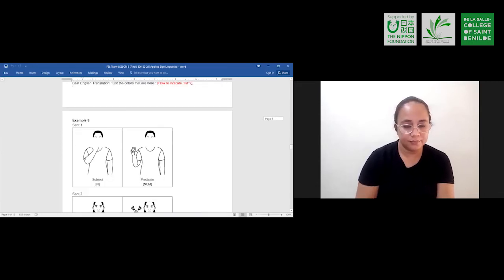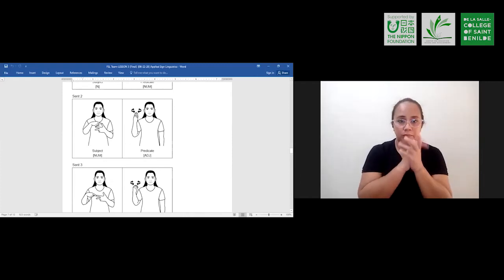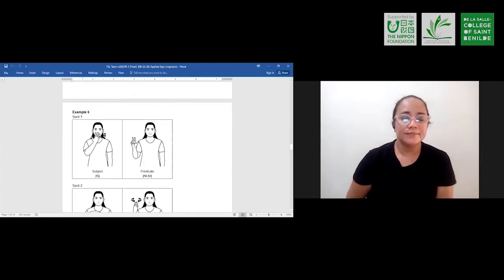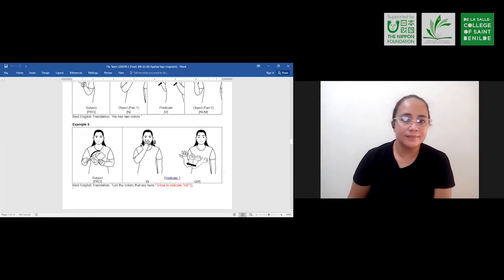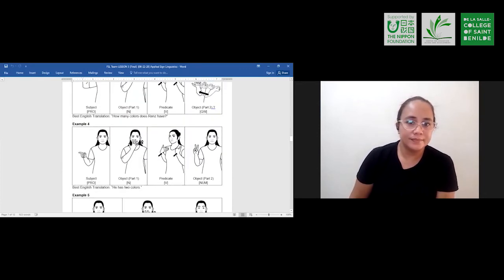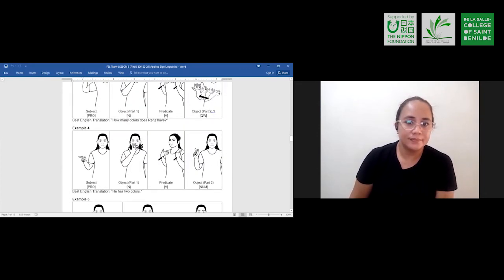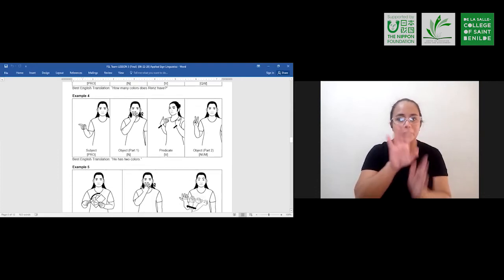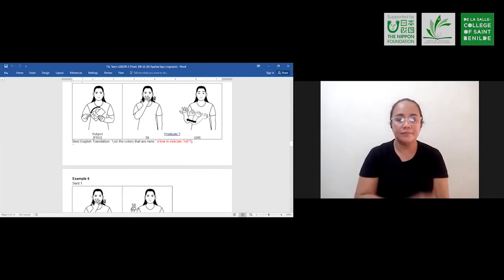So example, whoops. Okay, example 5 stays the same. These colors, how many? And then, okay, then example 6 should be this.